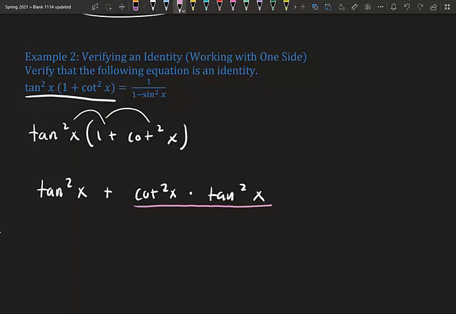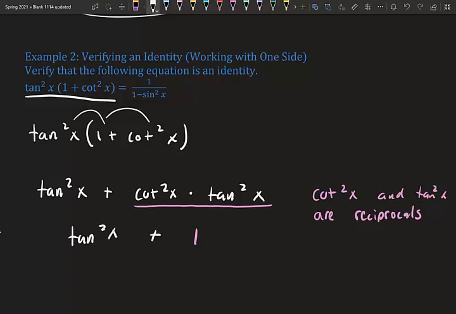They're reciprocals of each other, because that's an identity. Tangent and cotangent are reciprocals of each other, so it equals 1. So we have tangent squared x plus 1.